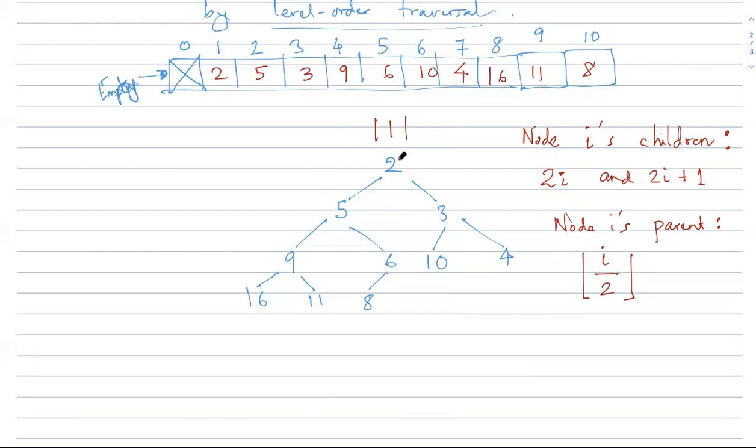So let's see how this property is mapping. If I just label the indices here, you will be able to see the property coming through.